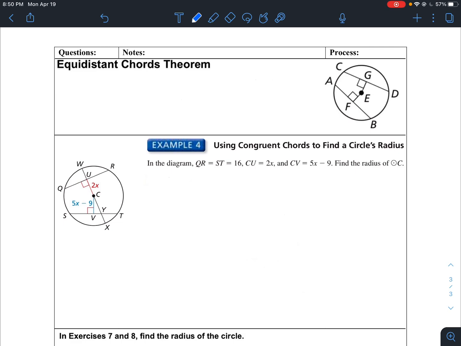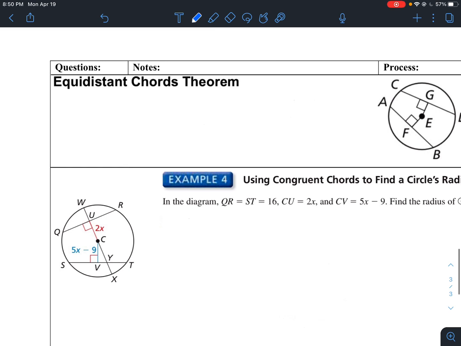Okay, now the equidistant chords theorem. So in the same circle, so this is only if we're dealing with one circle, so in the same circle, or actually it can be in two congruent circles.